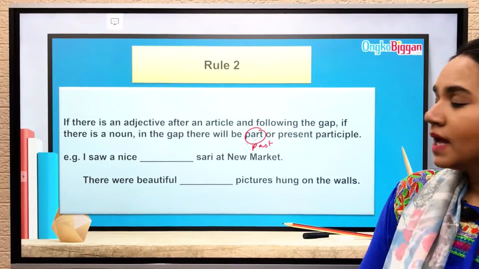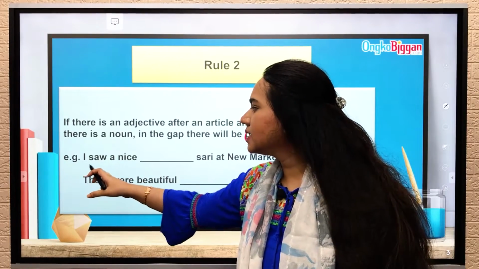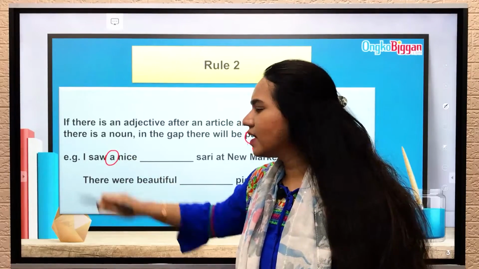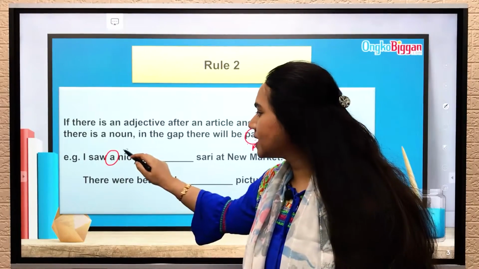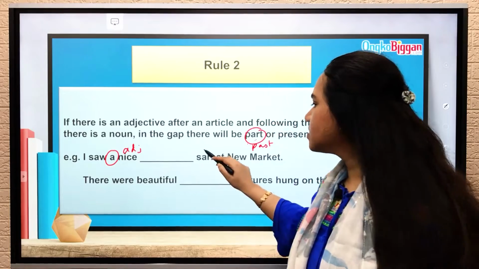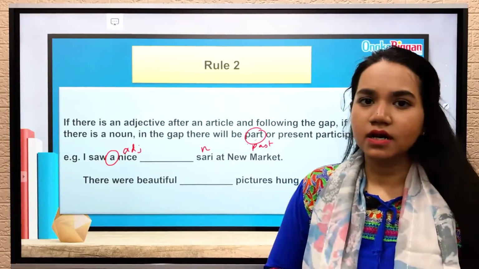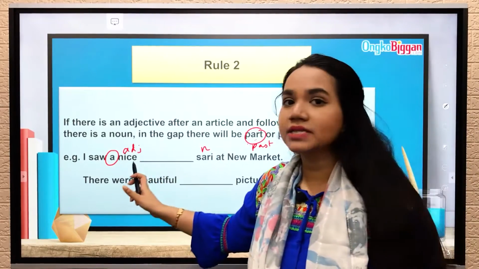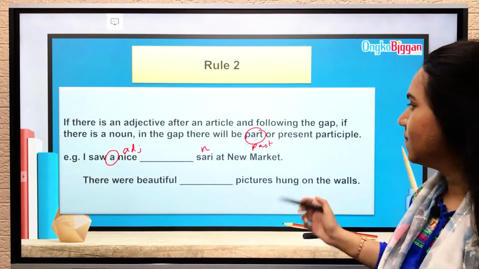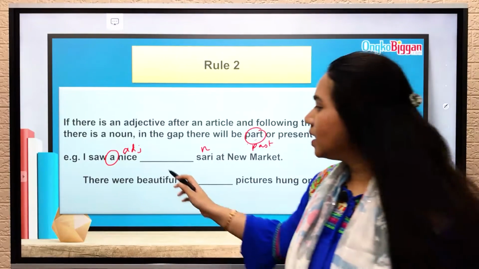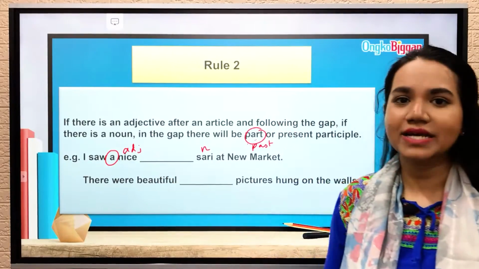So let's see. You see here already there is an article provided here. There is also an adjective provided here. There is also a noun provided here. But right in between the adjective and the noun, there is a blank. So my question is, what are we going to provide here?